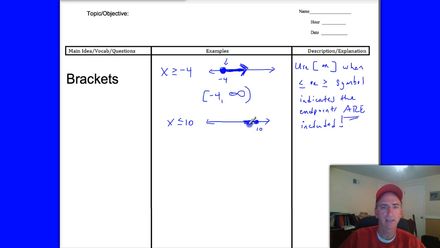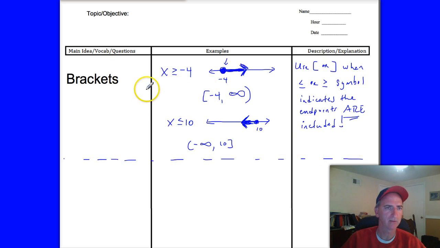Solutions are less than 10. So that interval notation would be a parenthesis, negative infinity, comma, include the 10 with a bracket, like that. Okay? And so there you have basically the explanations of those brackets or parentheses in interval notation.